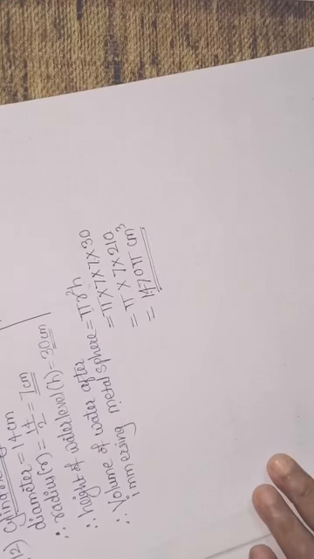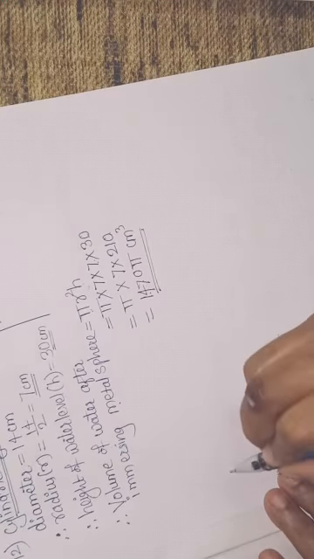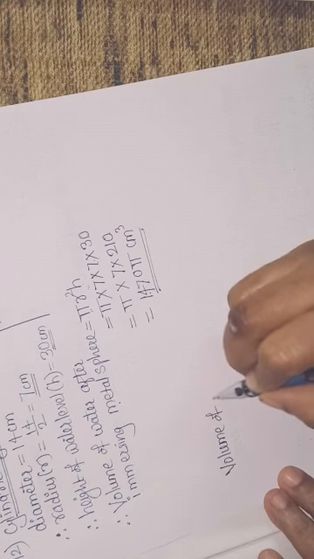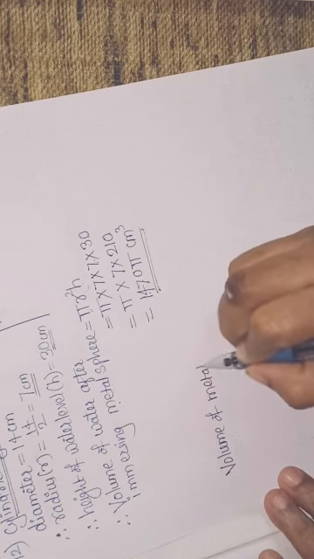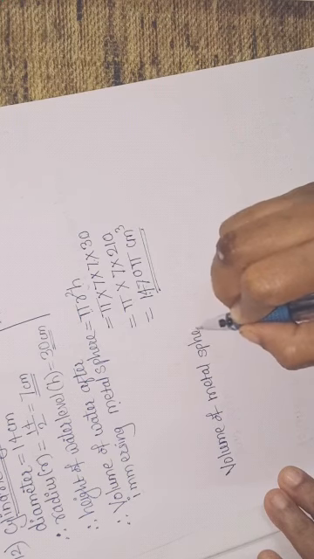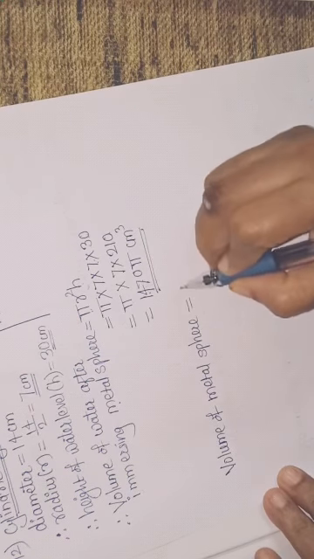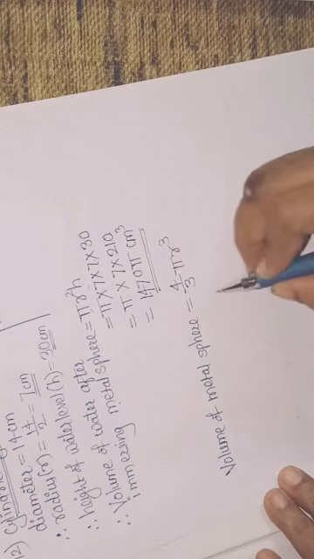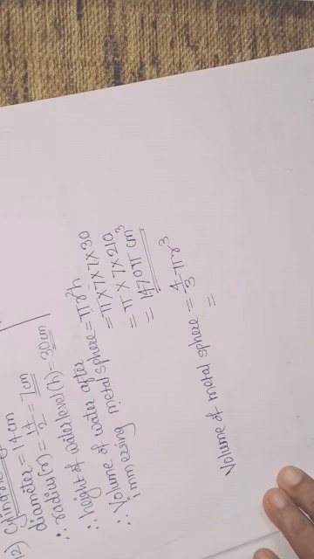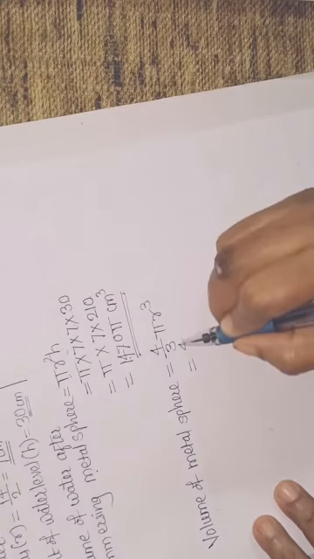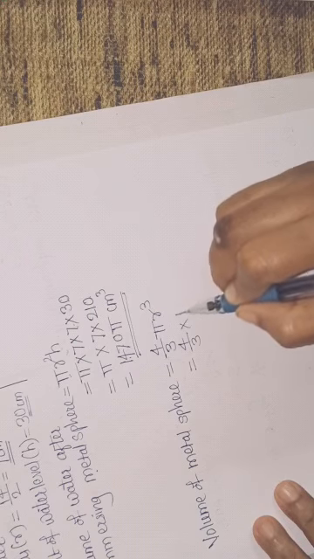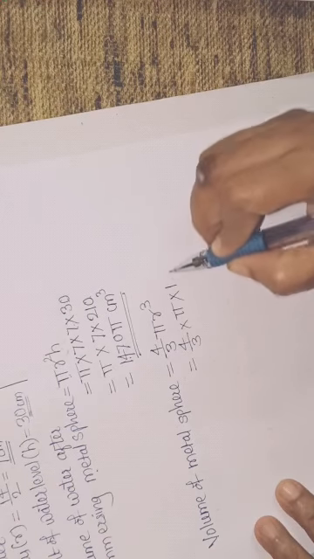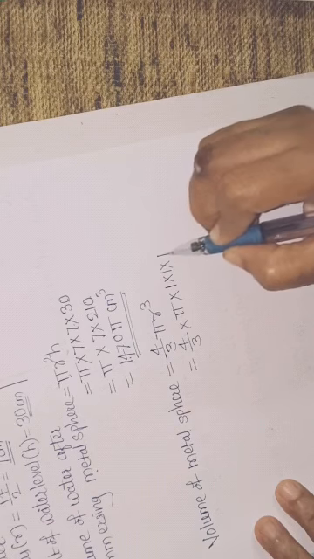Now find out volume of metal sphere. Four upon 3 pi r cube. 4 upon 3 pi we have to keep as it is, and the radius of metal sphere is 1 centimeter. So 1 into 1 into 1.